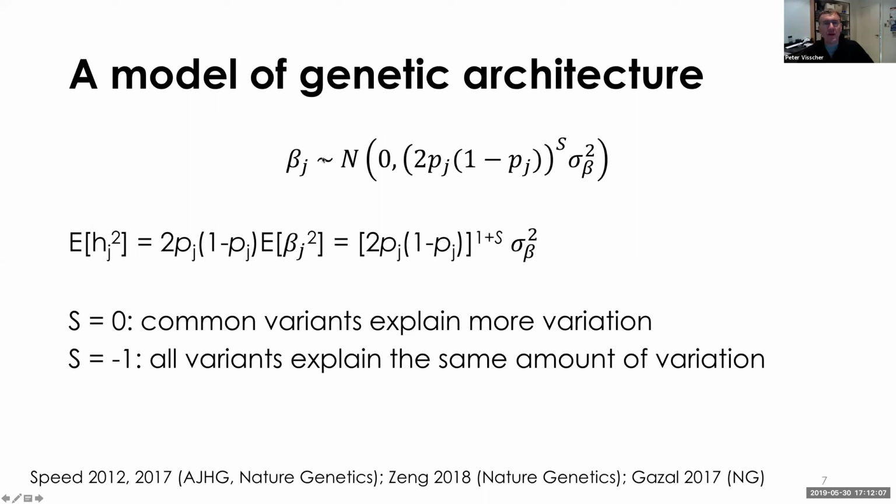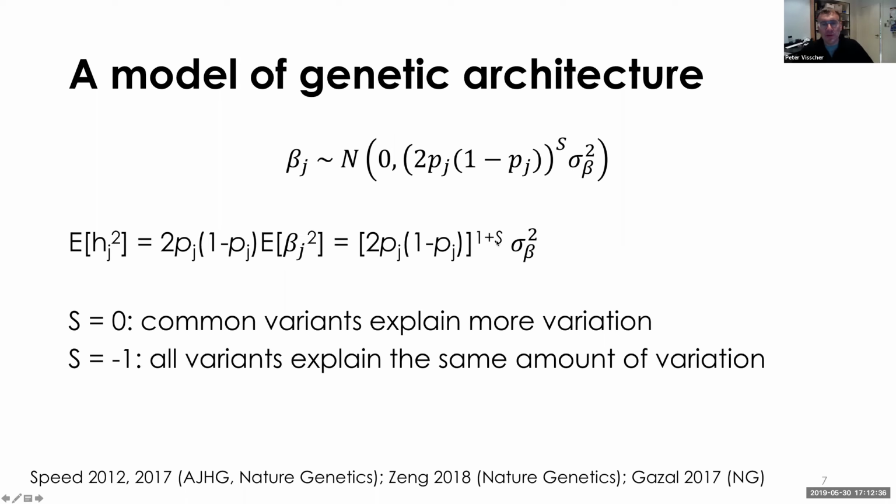So the effect sizes depend on the frequency and on this parameter S, and that means that the genetic variation contributed by this particular variant, the heritability due to that variant, is a function of heterozygosity again, and then the variance of the effects, and that comes out to be like this over here.